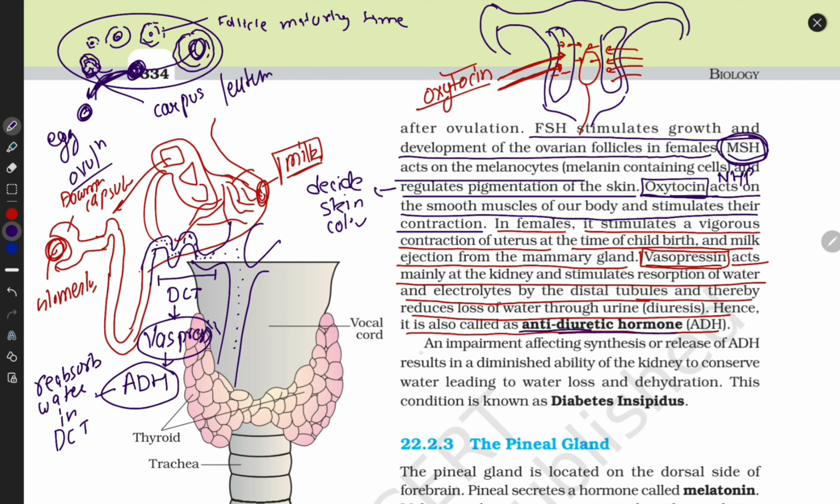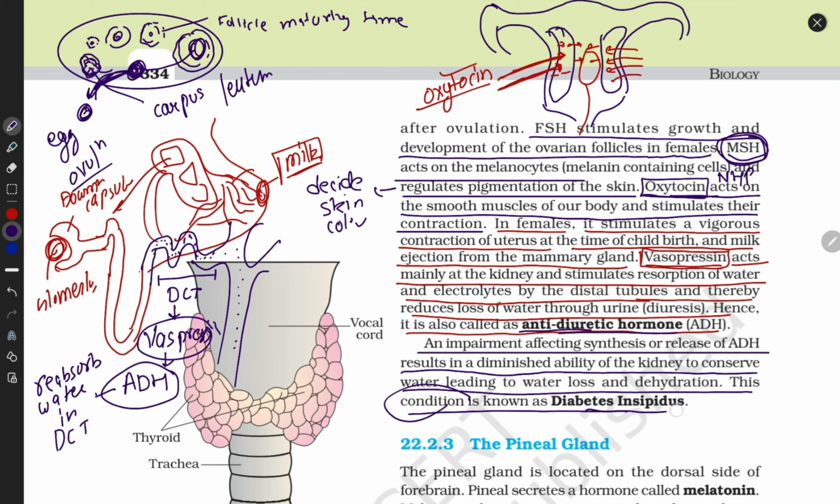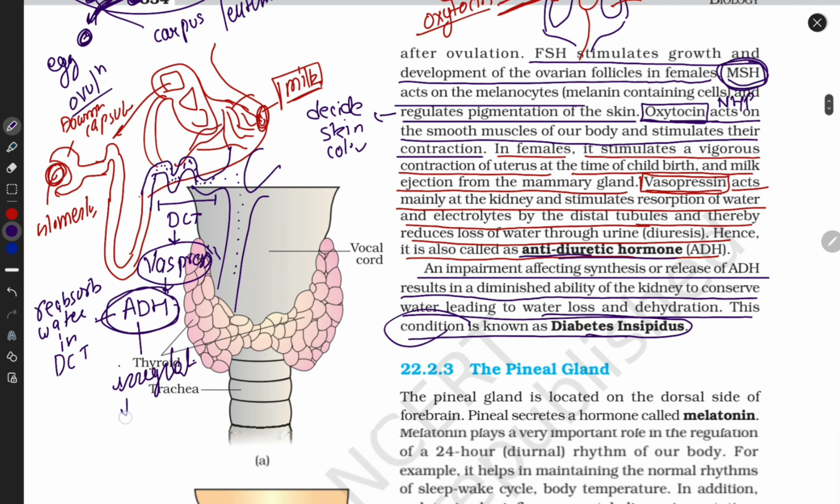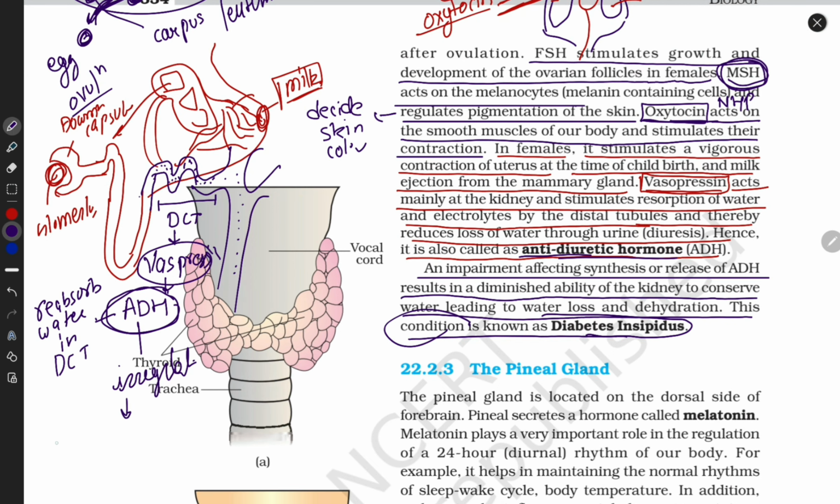Listen to me. An impairment affecting synthesis or release of ADH results in diminished ability of the kidney to conserve water, leading to water loss and dehydration. This condition is known as diabetes insipidus. If ADH hormone is irregular, then it makes high loss of water.